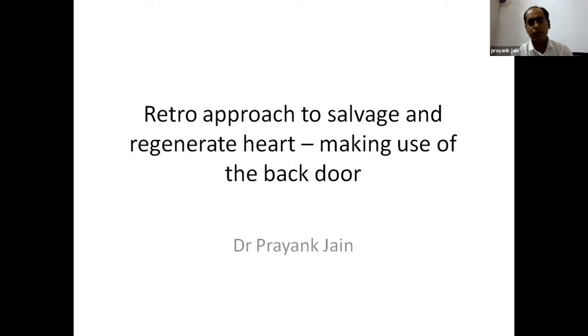So all of us know, but have never thought, that the coronary veins drain into the heart itself, but the arteries which supply the heart do not arise from the heart itself. So the veins are actually closer to the heart, closer to the myocytes, closer to the myocardium than the arteries are.